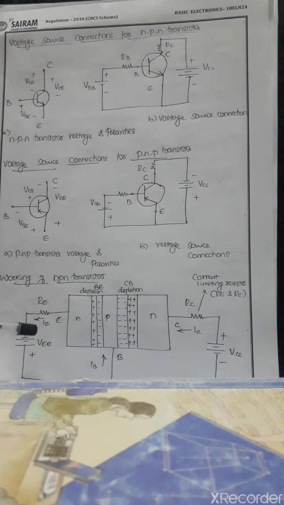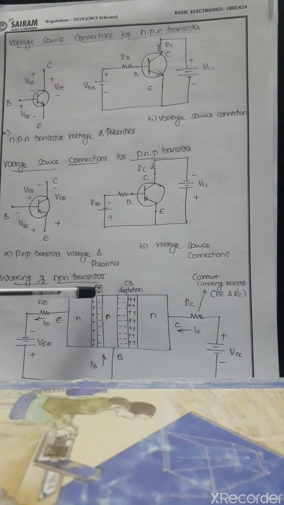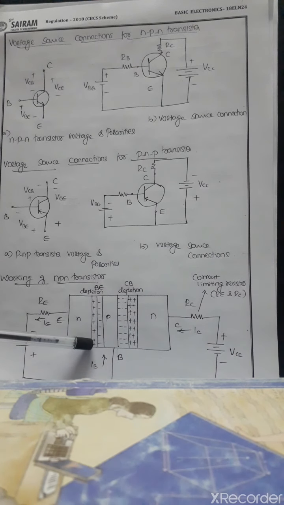As soon as this NPN transistor is biased with external voltage sources, you can find a depletion region formed near the junction of the emitter and the base terminal. This region is very thin, since it is under forward bias, so the depletion region will be very small.